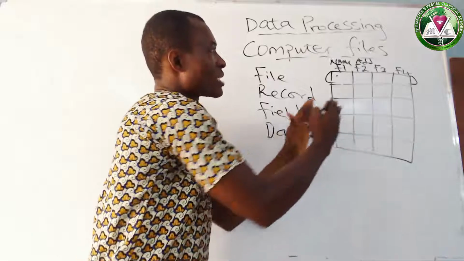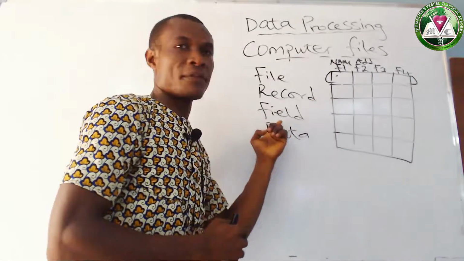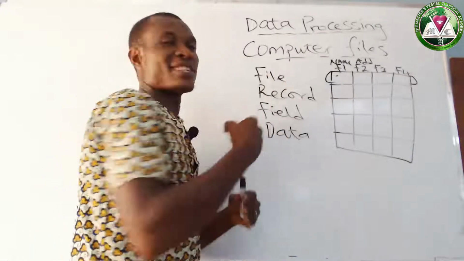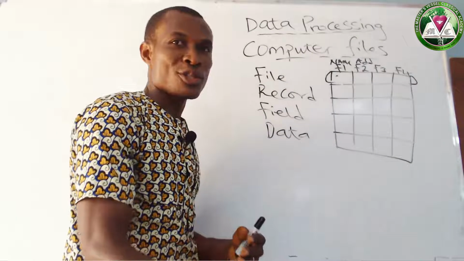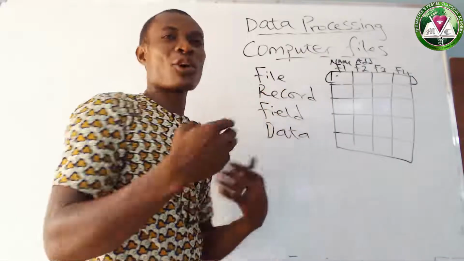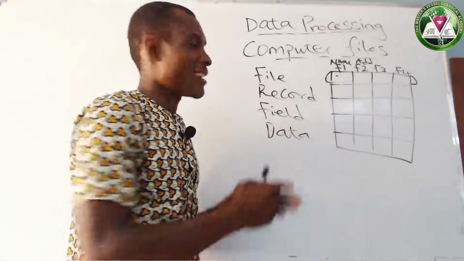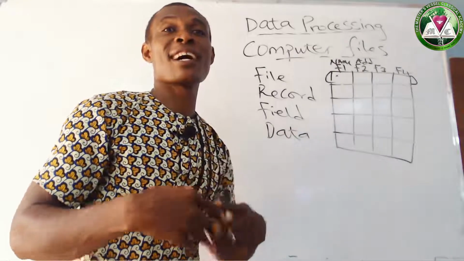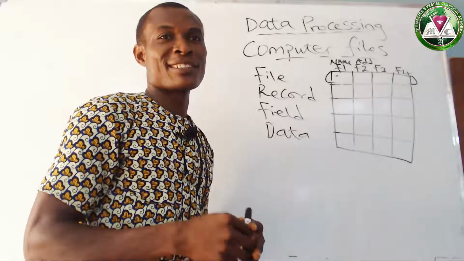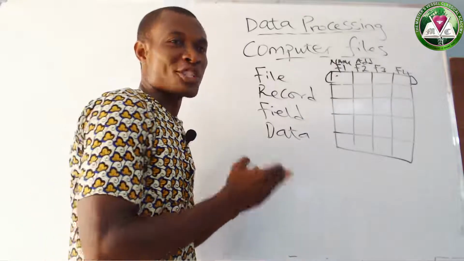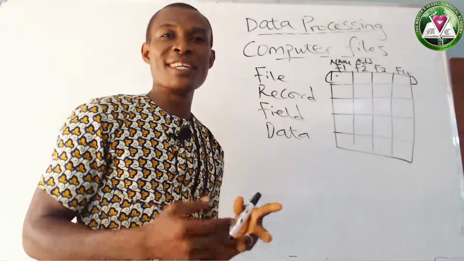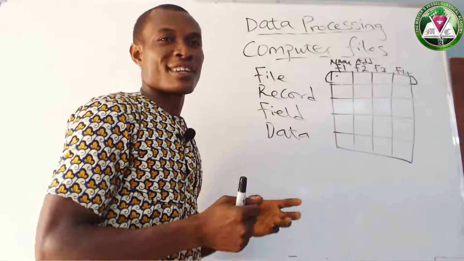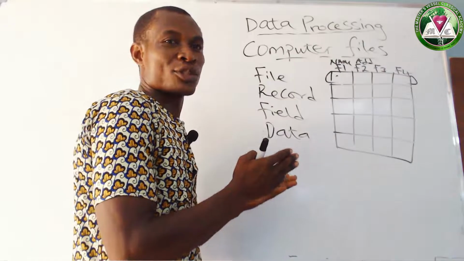And all of them collectively will give rise to the field. So you can now say that a file is a collection of related records. A record is a collection of related fields. And a field is a collection of data items. And data in this context can be said to be the smallest unit of information that can be stored.